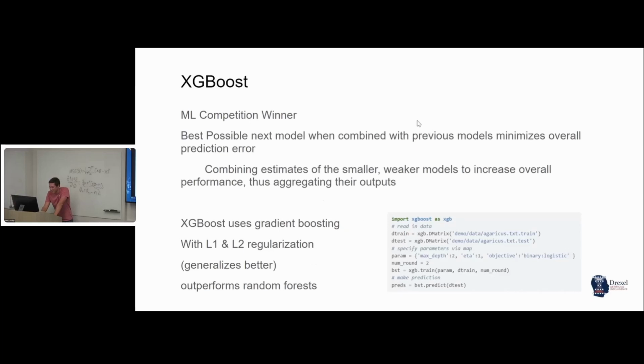I've seen it used, and it had good accuracy because XGBoost is gradient boosting, but it uses regularization, right? Yeah. So that's why it generalizes better, because it goes step by step, each gradient.